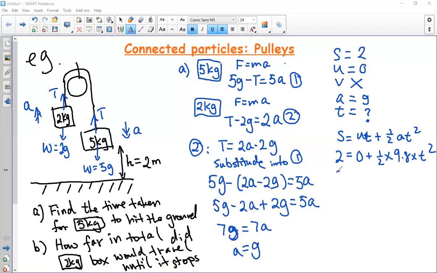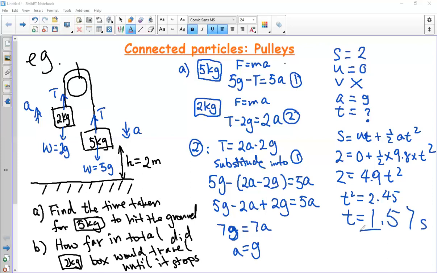So we've got 2 equals 4.9 t squared. So t squared would equal 2.45, and taking the positive square root of 2.45, we will get the answer 1.57 seconds.